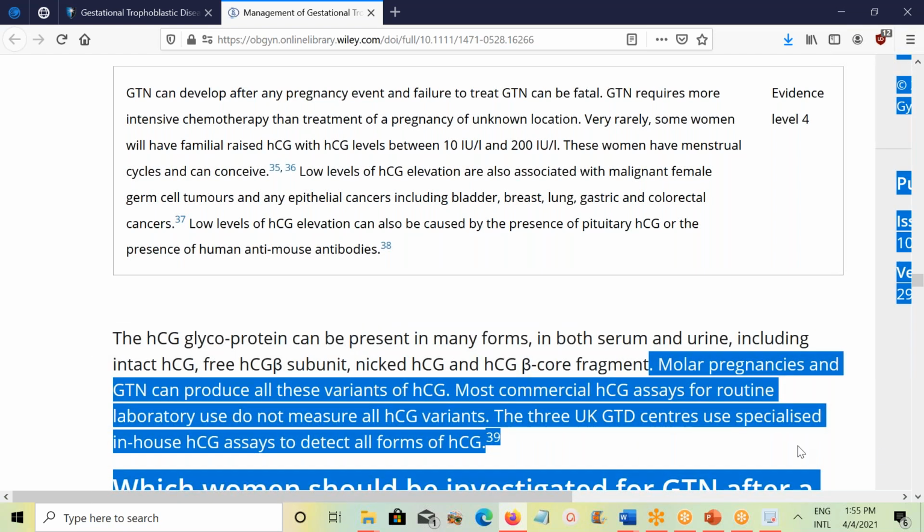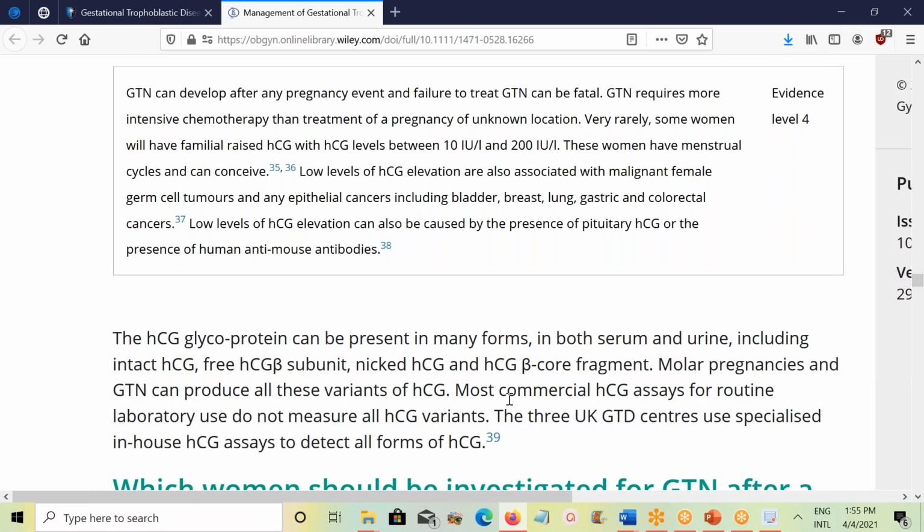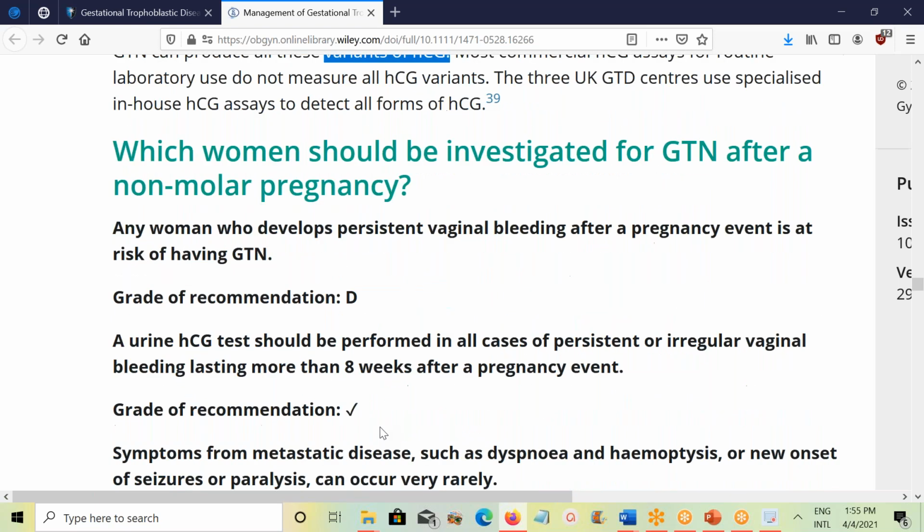Molar pregnancies and GTN can produce all these variants of HCG, and most routine kits select the beta subunit. They don't measure all subunits. They just measure beta HCG, which is pregnancy specific.